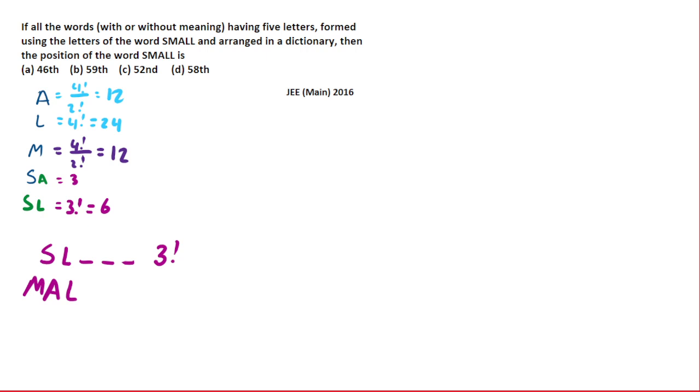And if we add this all together, 12 plus 24 plus 12 plus 3 plus 6, we get 57. So there are 57 words before the word SMALL.